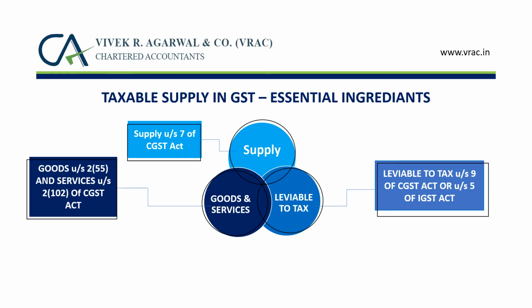Goods is defined under Section 2 subsection 55 of CGST Act, and services is defined under Section 2 subsection 102 of CGST Act. 3. The supply of goods or services or both must be liable to tax under Section 9 of CGST Act. Thus, taxable supply consists of supply, goods or services or both, and liability to tax.